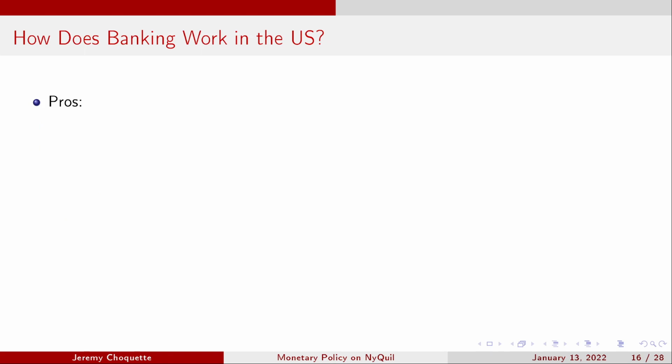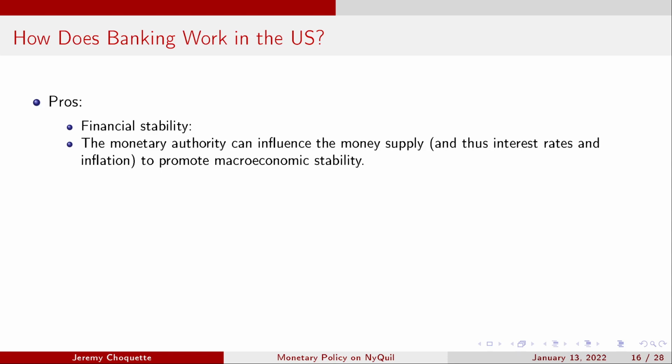So let's talk about some pros and cons of fractional reserve banking in the United States. Some pros. Well, we get financial stability. That's pretty good, actually. It's a pretty big pro. We get financial stability because the monetary authority, which is a central bank, a centrally planning entity, can influence the money supply and therefore interest rates and inflation to essentially promote macroeconomic stability.